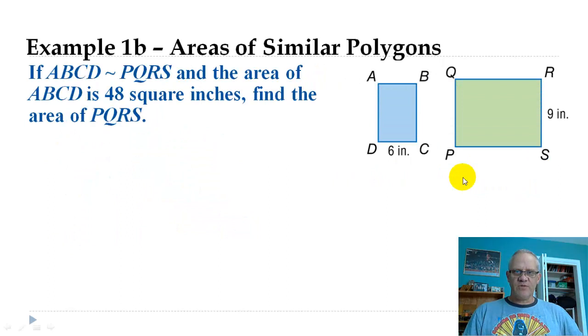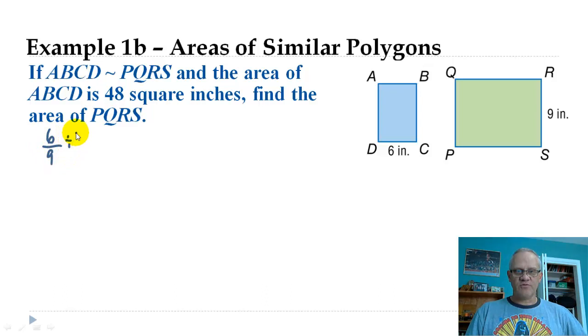Once again, they've tried to fool us here and switch the figures around slightly. But if you look here, side CD matches up with side RS. So these two numbers, that's the ratio of the sides, the scale factor. So we could say 6 to 9.